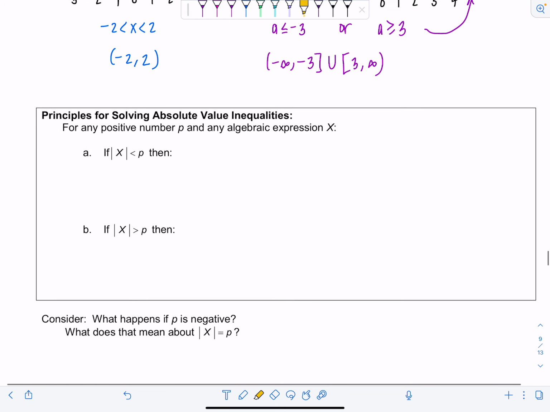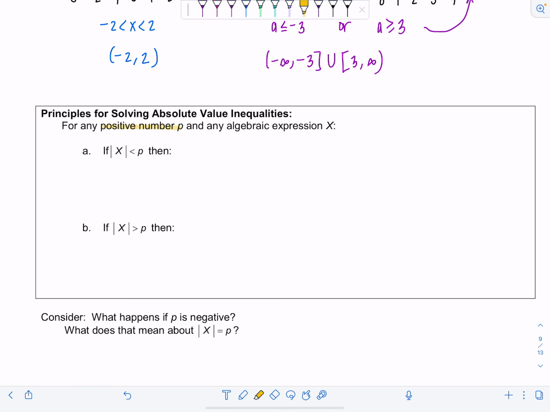For any positive number P and any algebraic expression X, here are your two cases. If the absolute value of X is less than P, then you drop the absolute value bars and you write X is less than P and X is greater than -P.